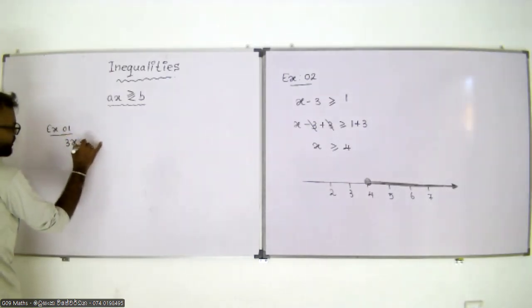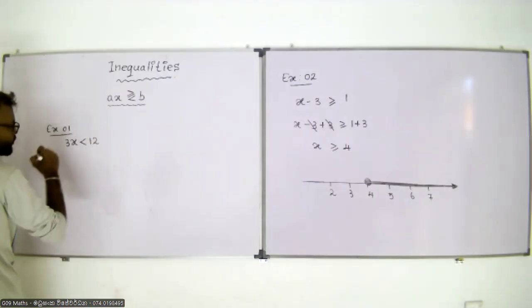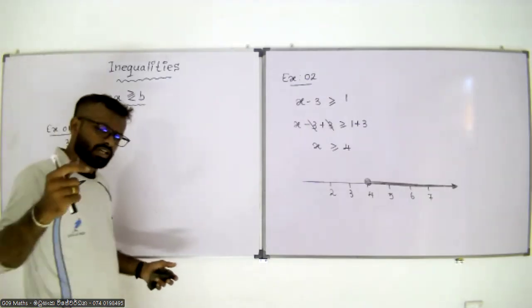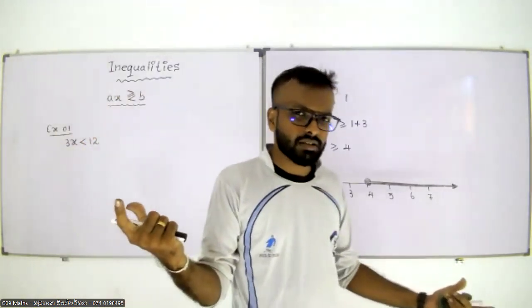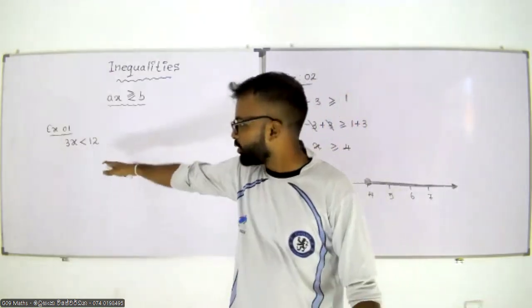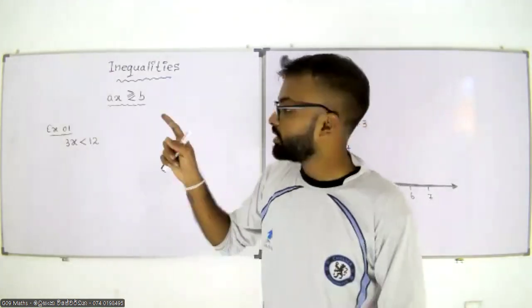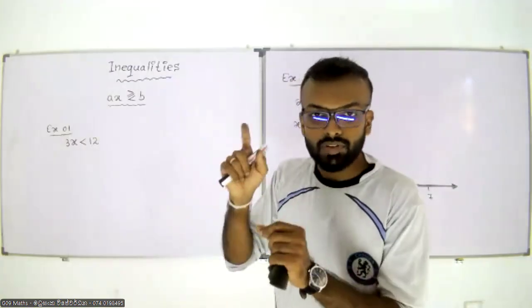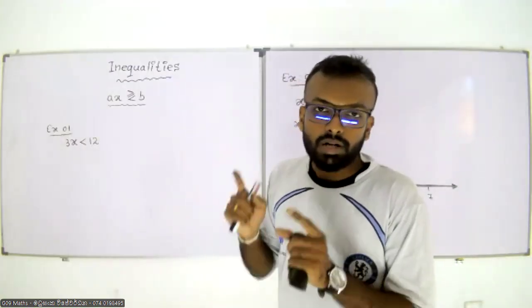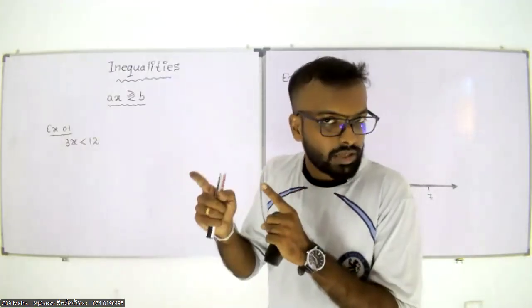3x less than 12. Now again think this is an equation, but originally we have an inequality between the two terms. But you know how to solve an equation.